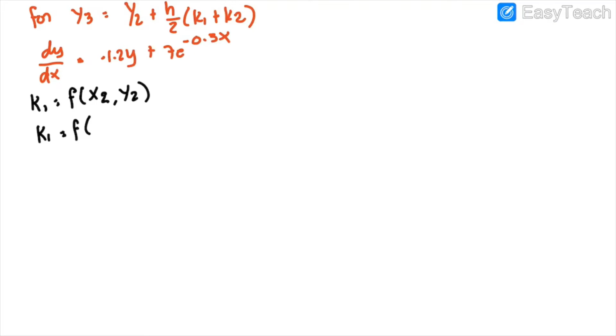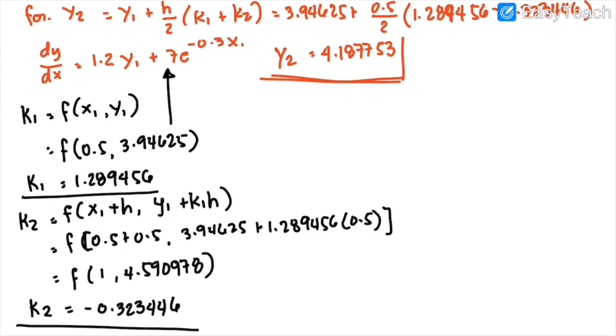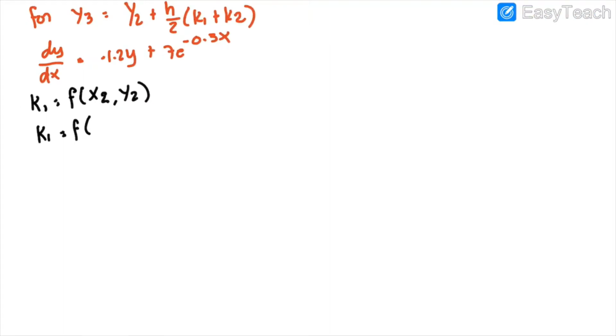Ano yung x2 and y2 natin? x2 is 1 and y2 is 4.187753. Then immediately substitute that to your equation, gives us k1 equal to 0.160424.